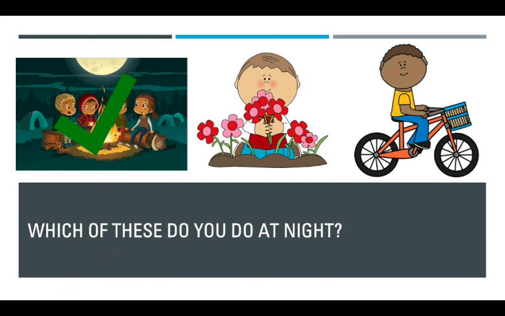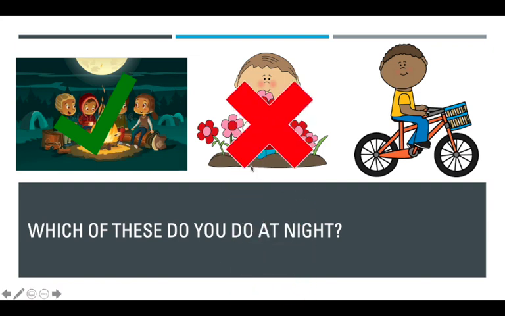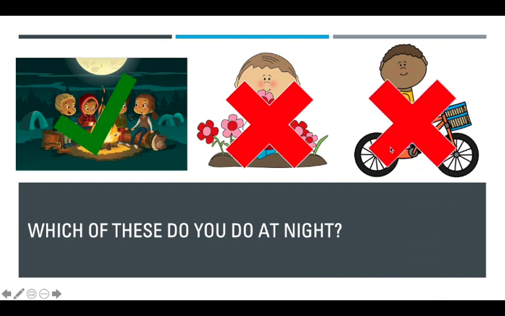If you've guessed making a campfire and roasting marshmallows, you are correct. Well done. You don't usually pick flowers at night because it is too dark. The same goes for riding a bicycle. These are things you would usually do in the day or in the morning or in the afternoon.